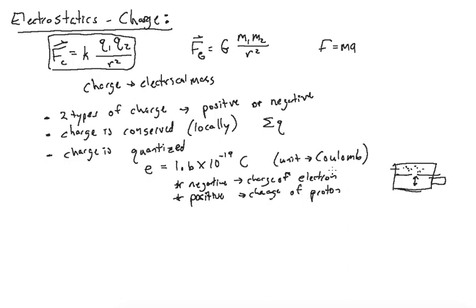Okay, so let's talk about an example of charge being conserved, and then we can move on from this. Essentially what I mean is total net charge has to be conserved. So let's look at something called a neutron star.